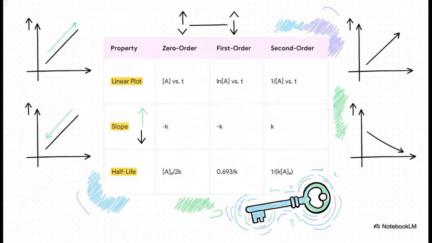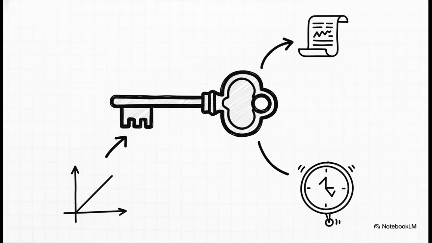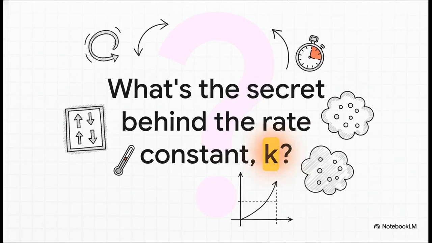This is the master key to everything we've talked about. So, if we boil it all down, the main takeaway is this. That simple act of finding the one linear plot tells you the reaction's order. And once you know the order, you know everything. You know which equation to use, you know how its half-life is going to behave, and you can predict its entire future.